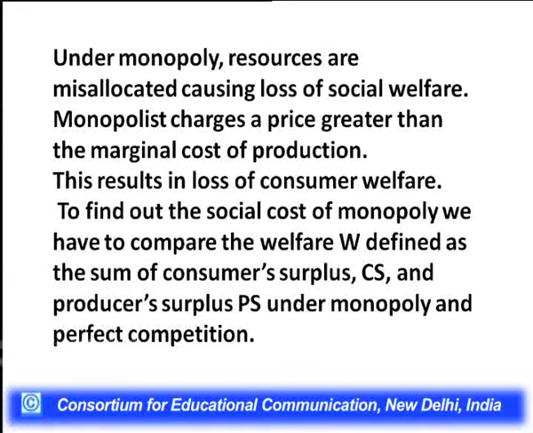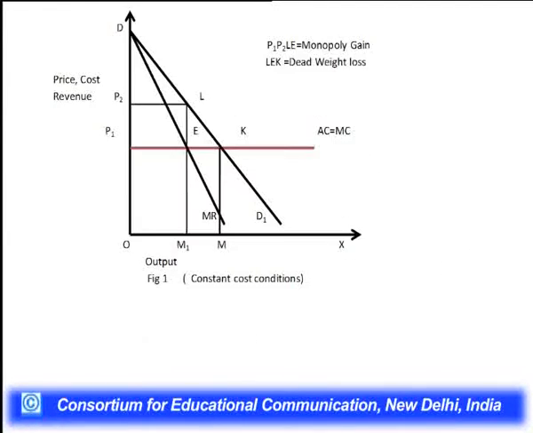To find out the social cost of monopoly, we have to compare the welfare, defined as the sum of consumer surplus and producer surplus, under monopoly and perfect competition. Dear students, we have already done what consumer surplus and producer surplus are.